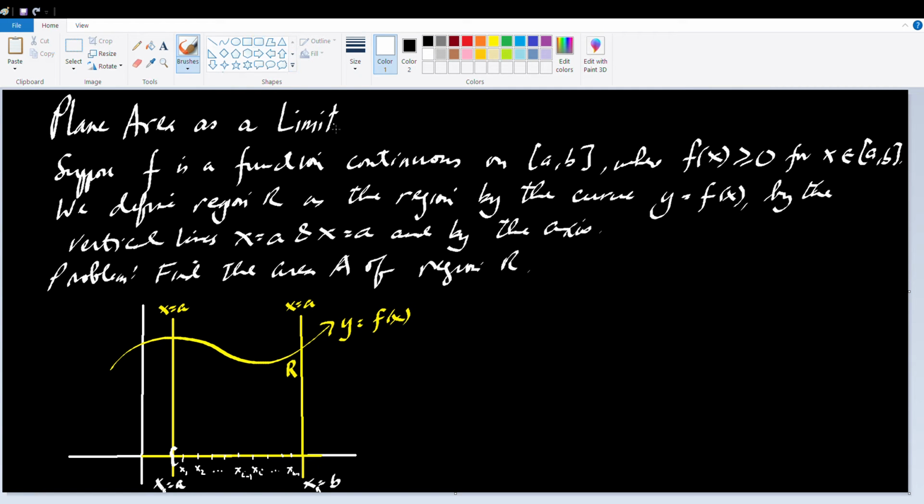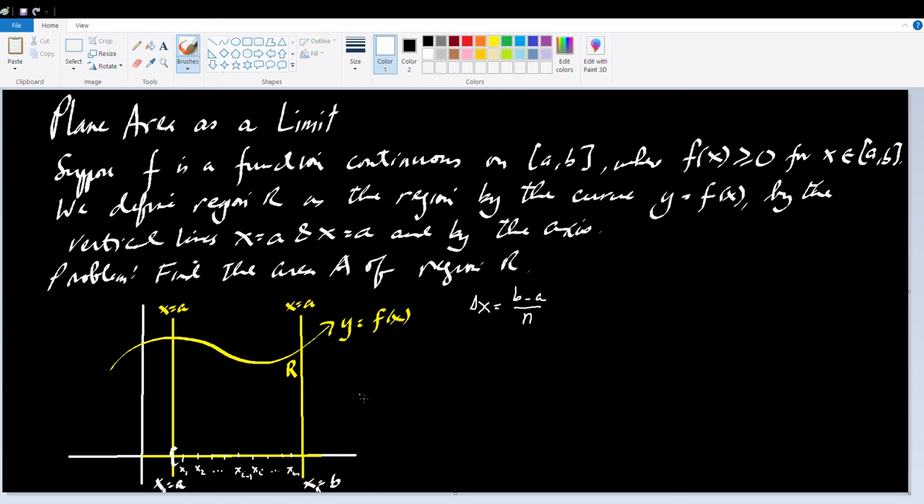The next step is to construct n rectangles. By the way, the common width delta x is equal to (b minus a) over n. The entire interval [a, b] is divided into n subintervals, each of width delta x.